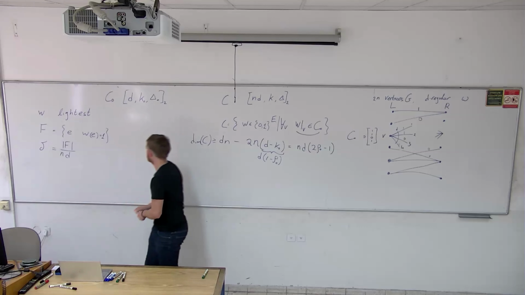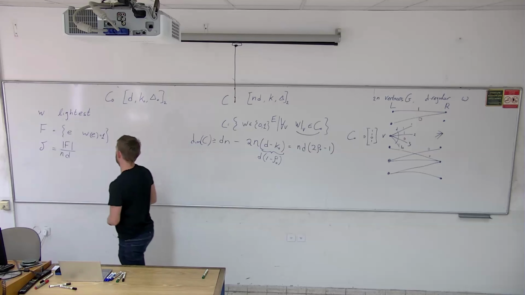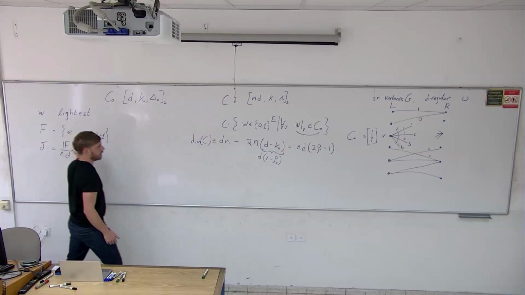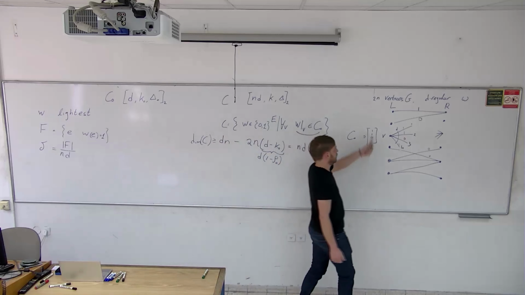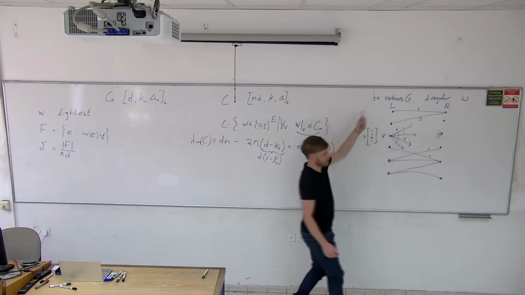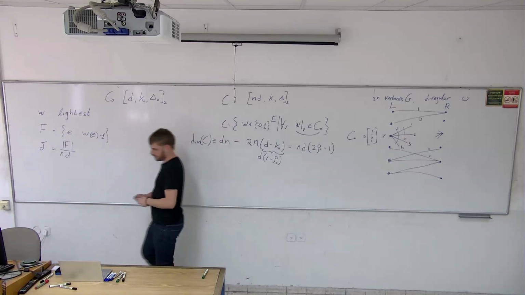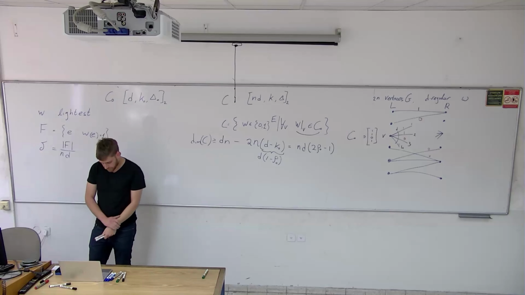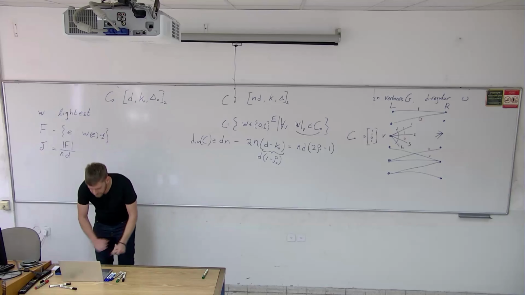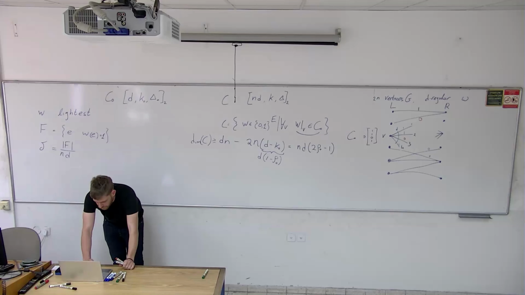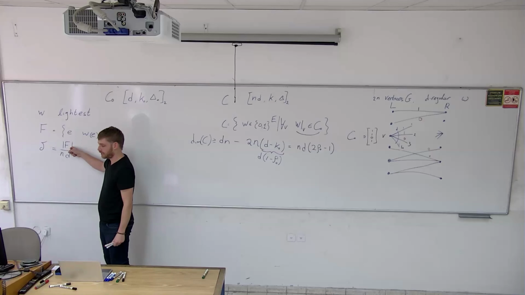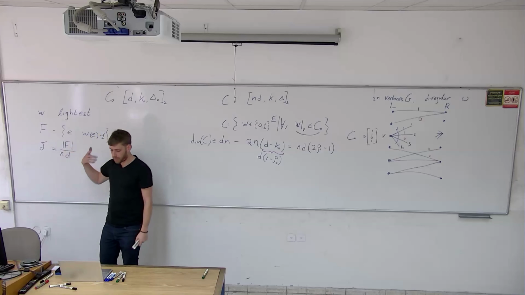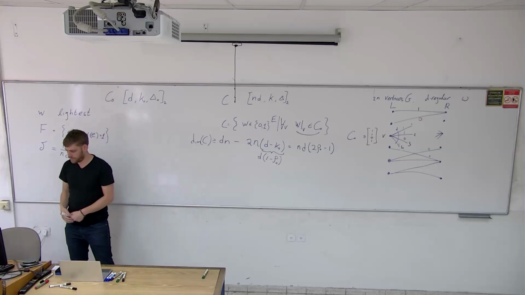Okay, so what can we say about the size of F? Take a minute to think. How can we bound it? What we want to show now is that the size of F must be large. How can we claim something like that?